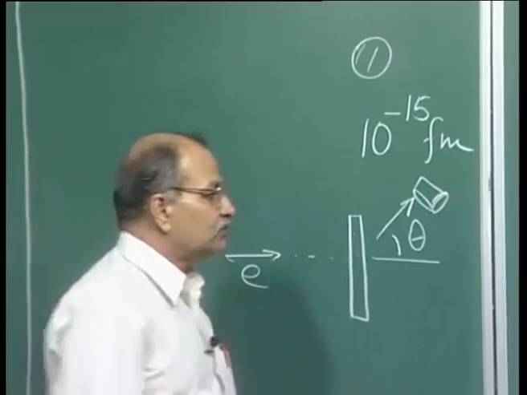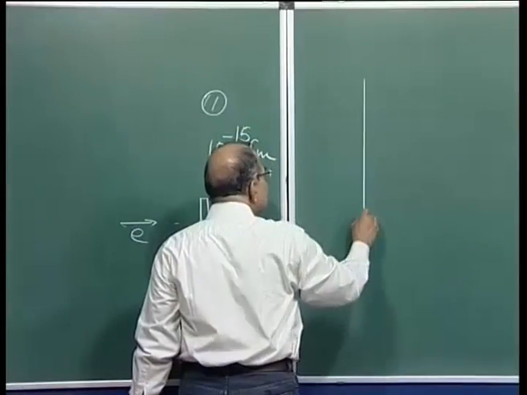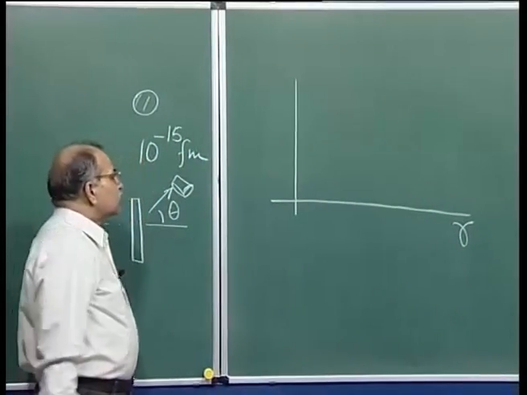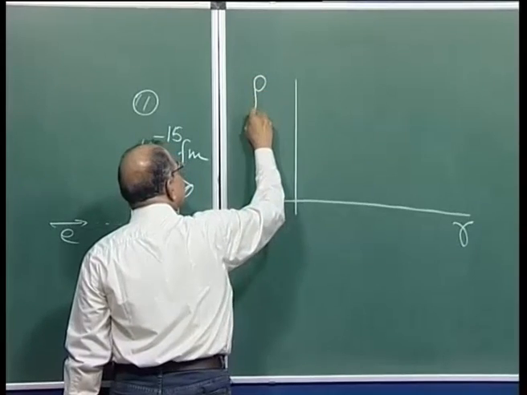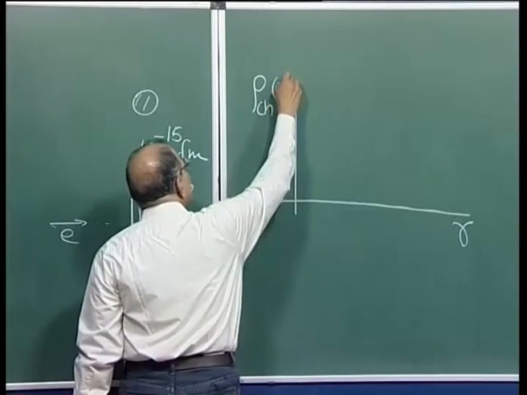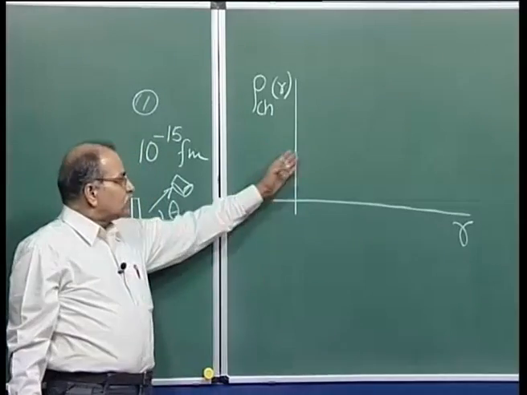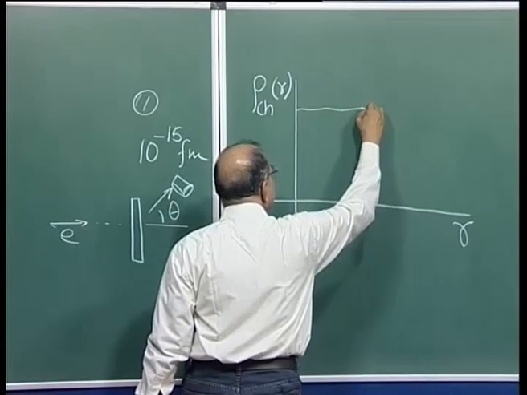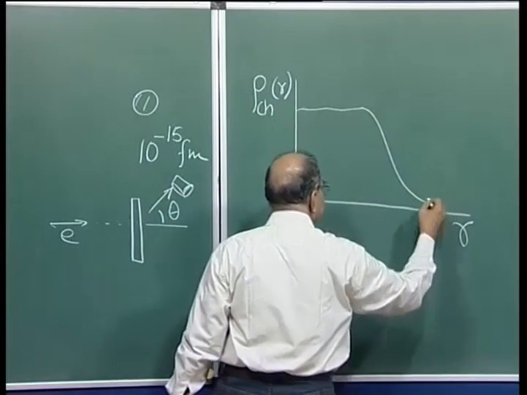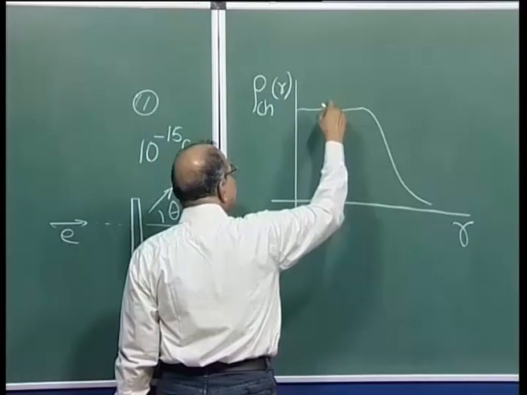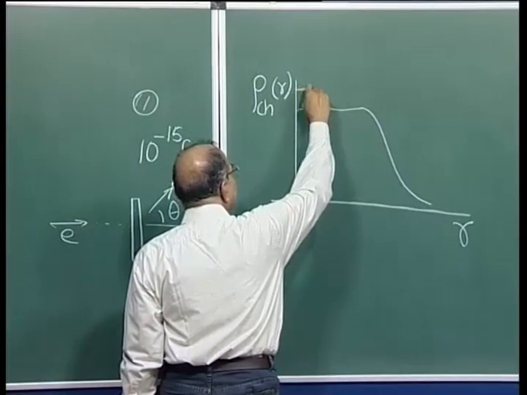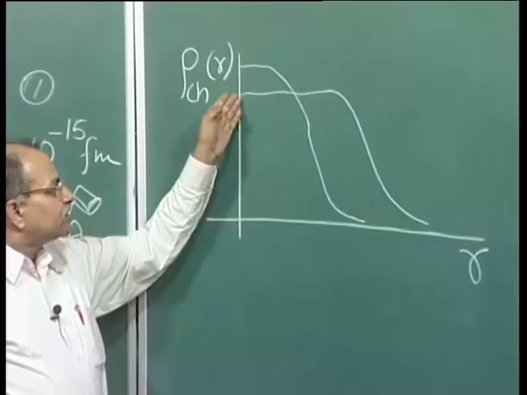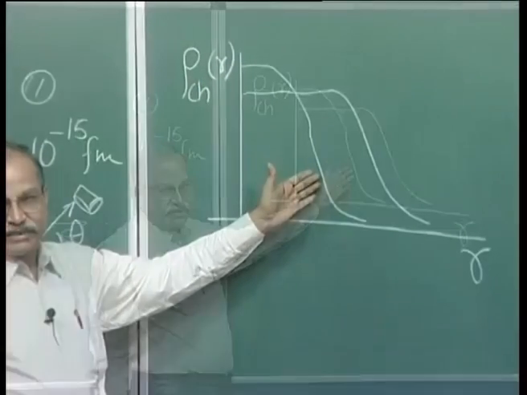That also can be done, and what we had seen, the result of these experiments, is that if you plot this charge density as a function of r, then you find that it is something like some almost constant value, and then it tapers off. And for different nuclei you have slightly different values of this, but the nature is almost the same.